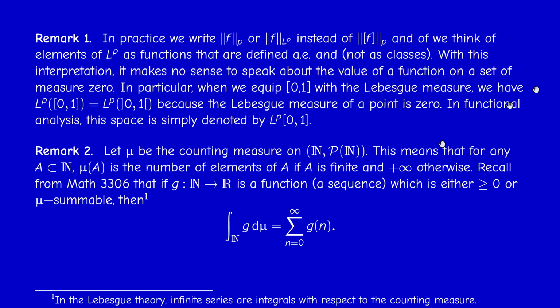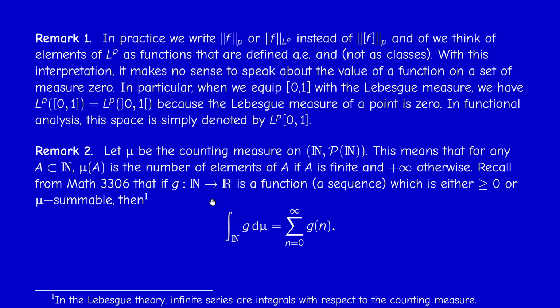And now you probably proved that if g is a function from the integers into R, which is simply a sequence, then it's automatically measurable, because the sigma algebra on N is P(N), so any function is measurable.